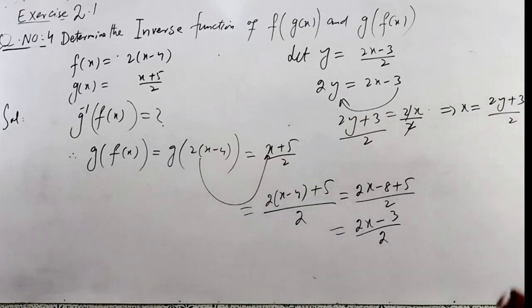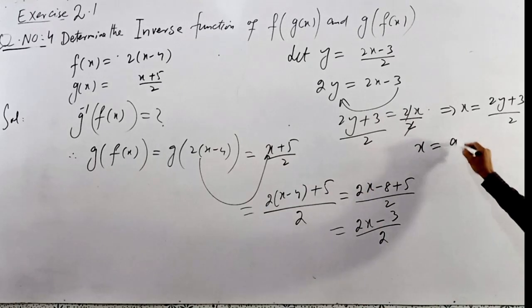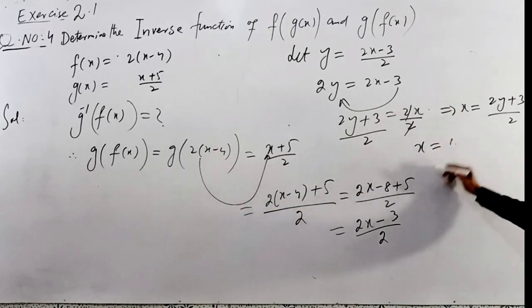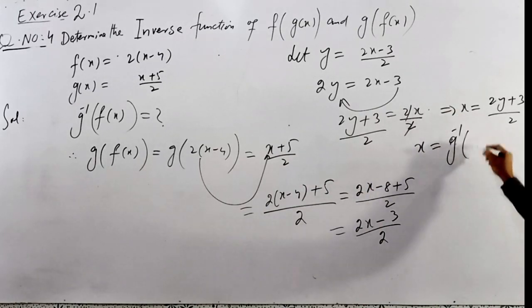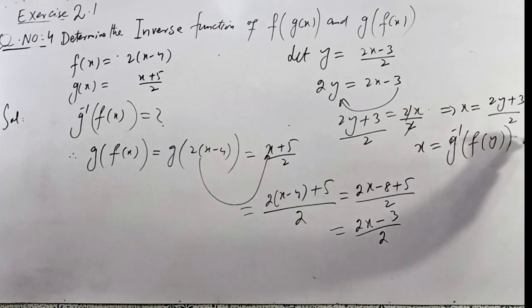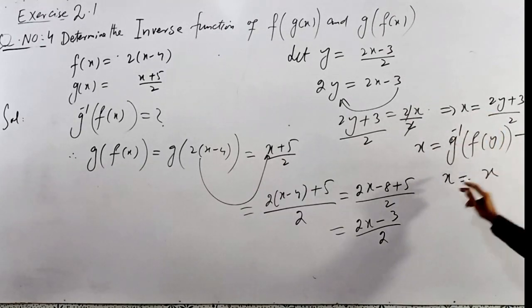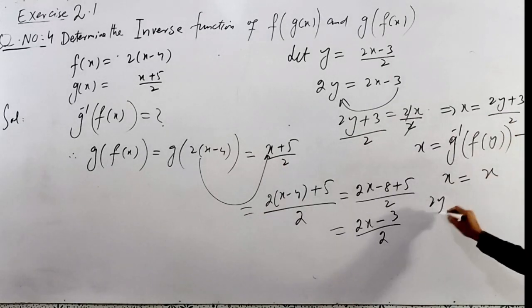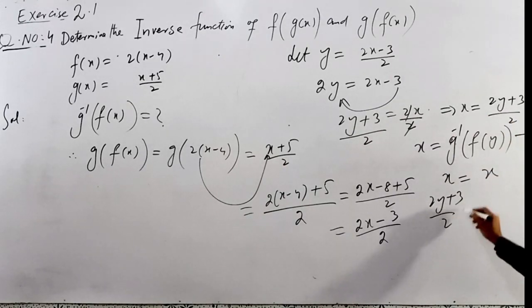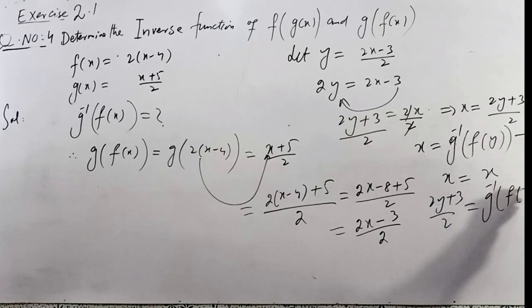First equation. Now as we know that x is f inverse g inverse f of y. Comparing equation number first and second, both x and x are equal. So we replace x values: 2y plus 3 divided by 2 is equal to g inverse f of y.